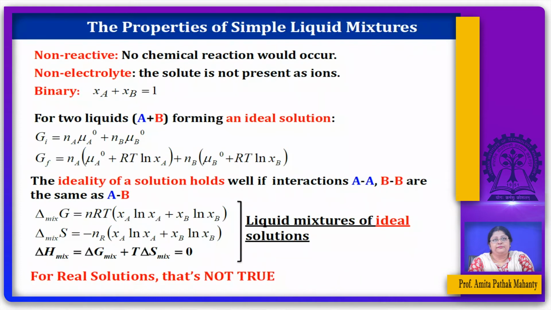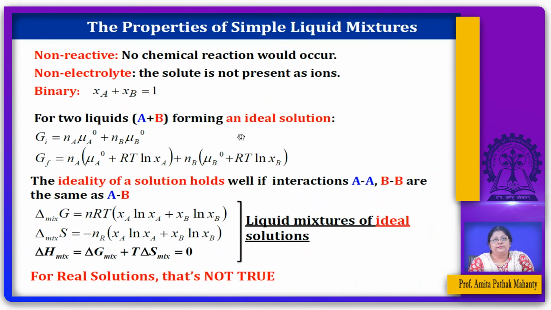They do not generate ions, and they are volatile and non-reactive, they do not react with each other. This is the basis when we are talking about the properties of a liquid mixture. Now two liquids are there, A is the solvent and B is the solute.